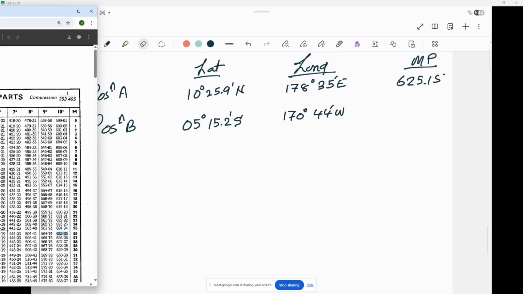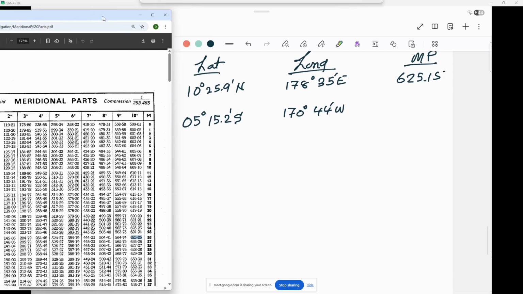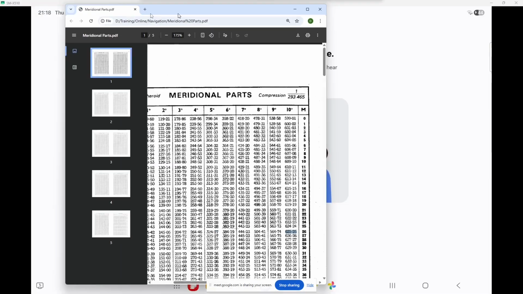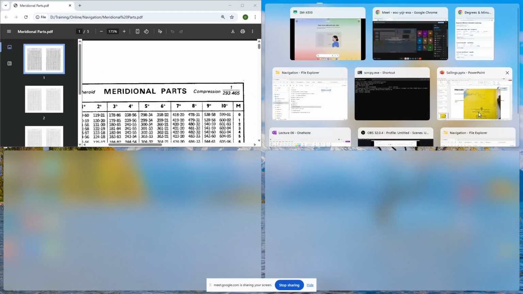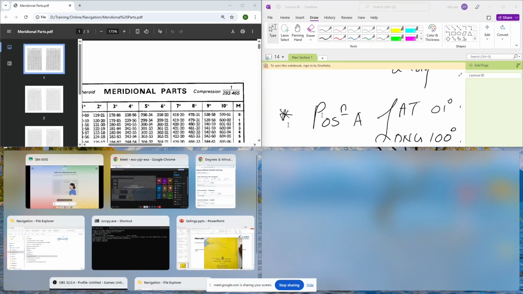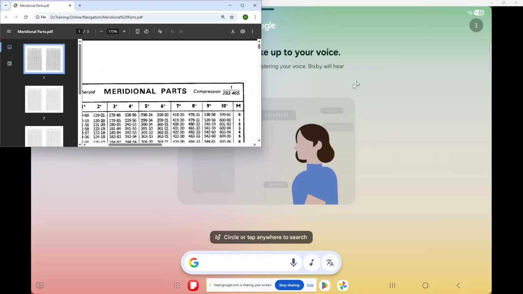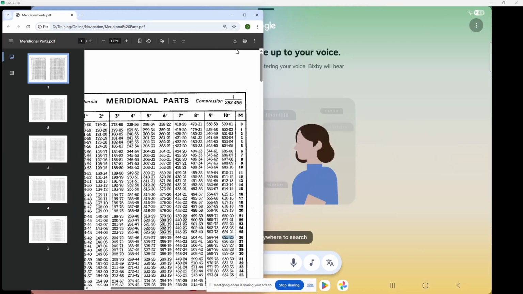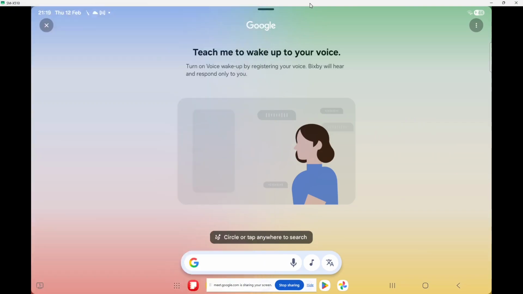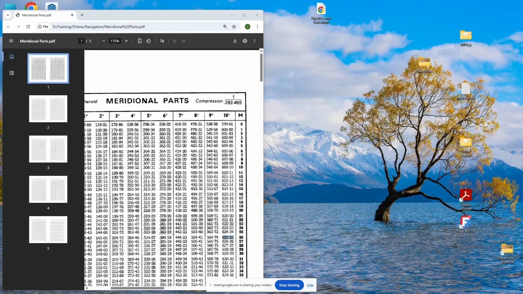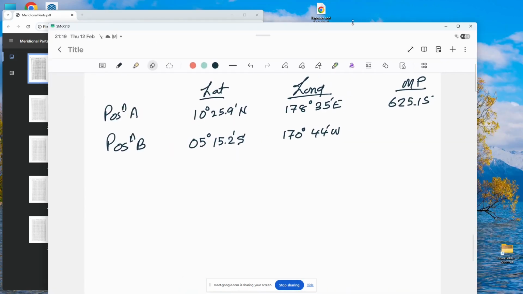Okay, so next we have to find out 5 degrees 15 decimal 2.